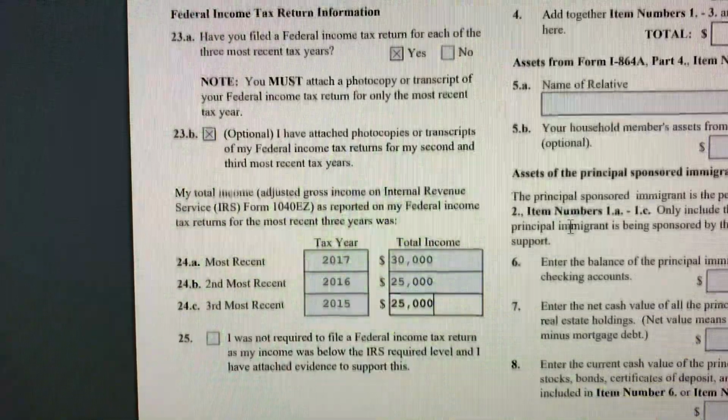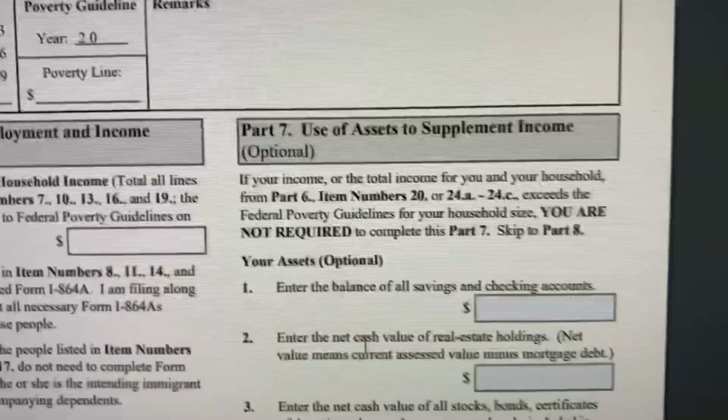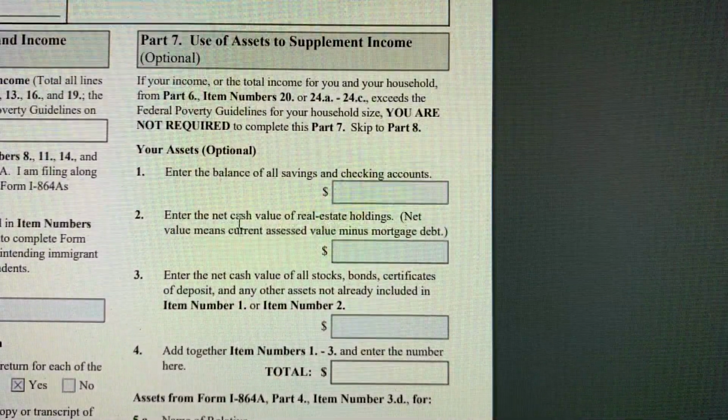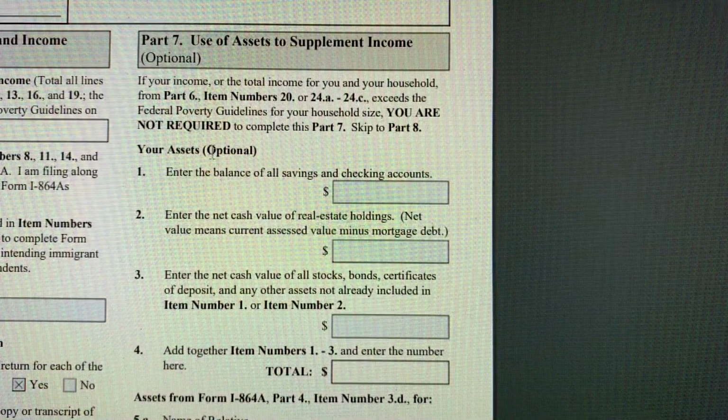So moving on, part 7, use of assets to supplement income. This is optional, guys. You don't need to.